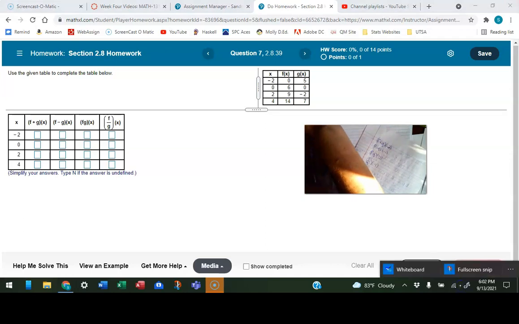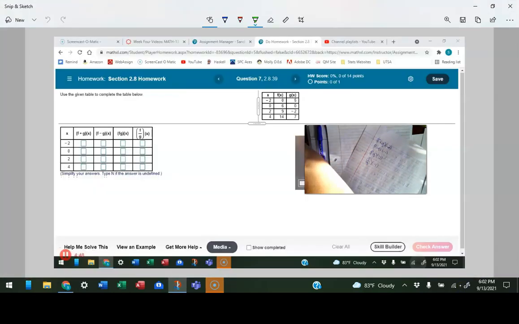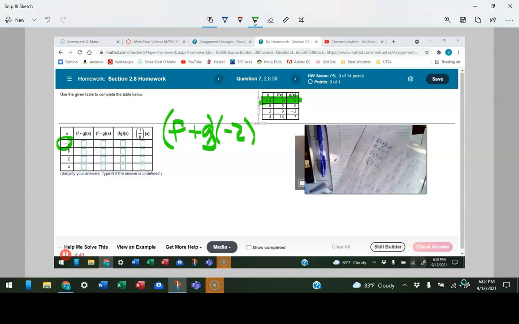So when I snip this thing, I am looking when x is -2. So here's where x is -2. And my values for f of x and g of x are 0 and 5. So f plus g at negative 2 is actually going to be 0 plus 5, which is 5.